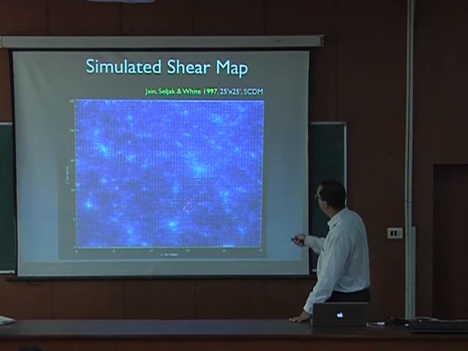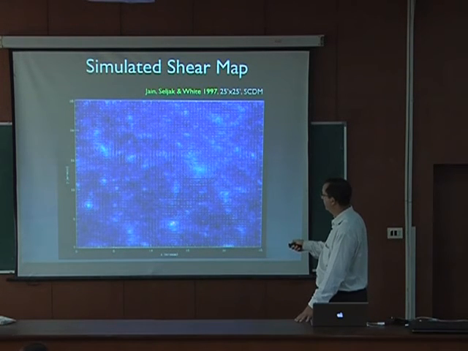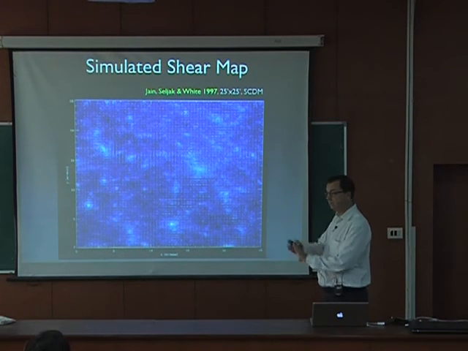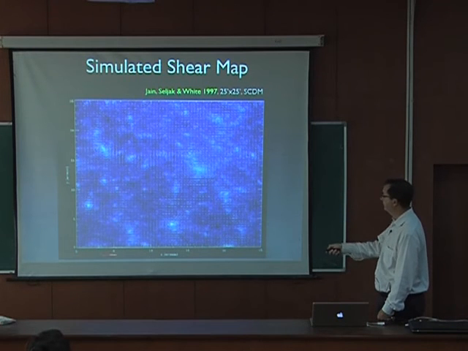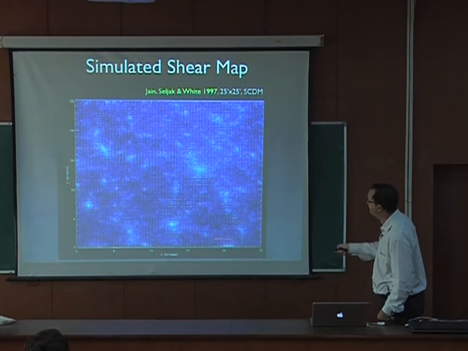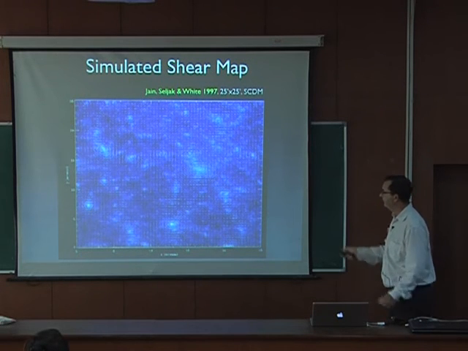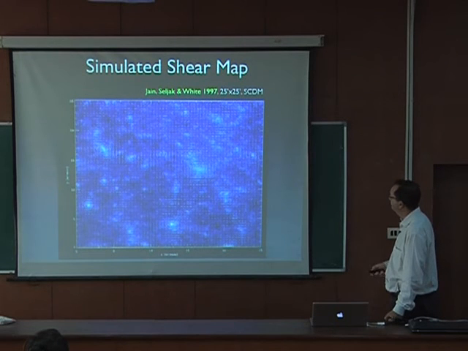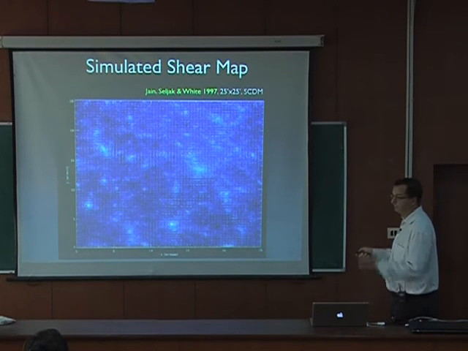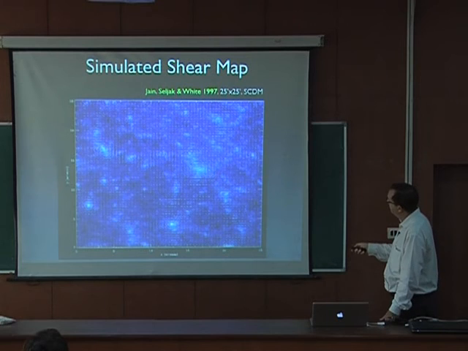What you see in blue is the overdensity. So light blue corresponds to overdensities, dark corresponds to underdensities, projected along the line of sight. This is a region of the sky which is about 2 degrees by 2 degrees. Sorry, it's half a degree by half a degree. Comparable to the size of the moon, or some factor of the size of the moon. So it's a small region in the sky. What you expect is patterns like this.